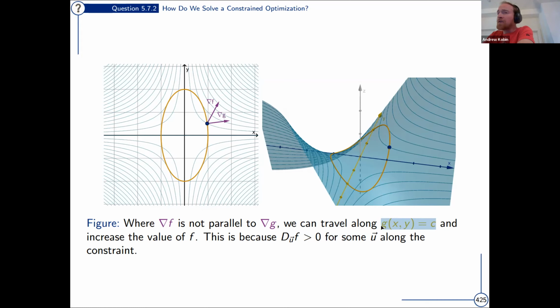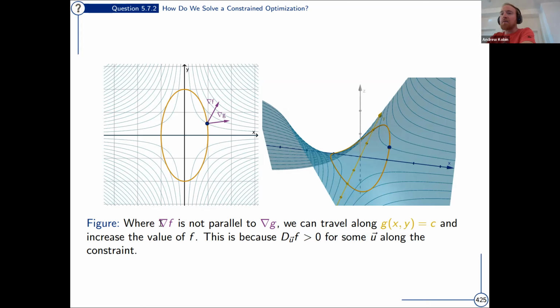It's a level curve of the function g, but the points that satisfy the equation defined by f as well will live on the surface f. And in that particular circumstance, the gradient of g, which is perpendicular to the level curves of g, should be parallel to the gradient of f at the points that are local max or local min values for f with respect to the constraint g.